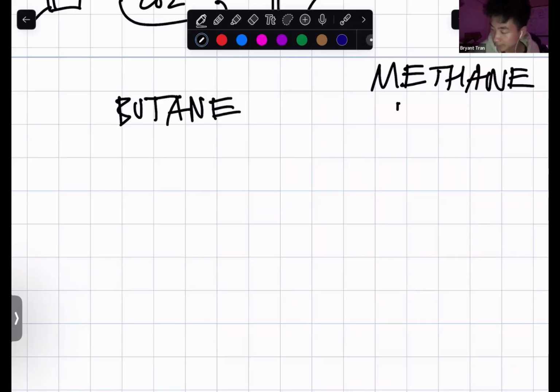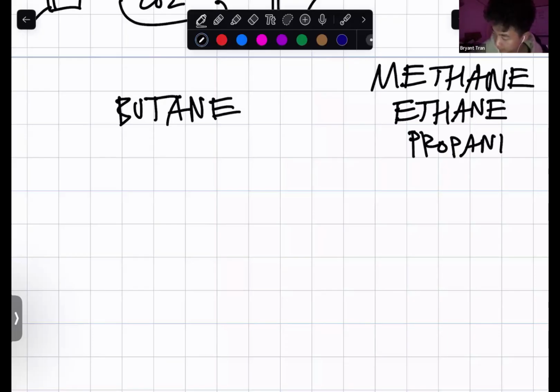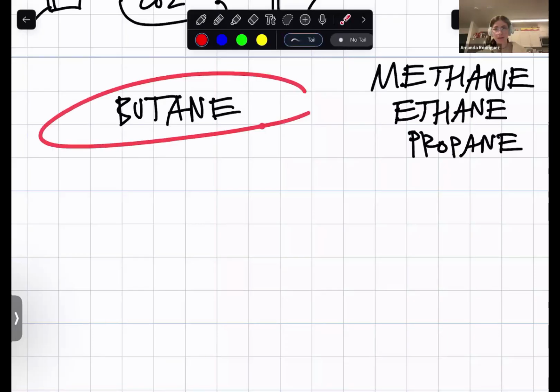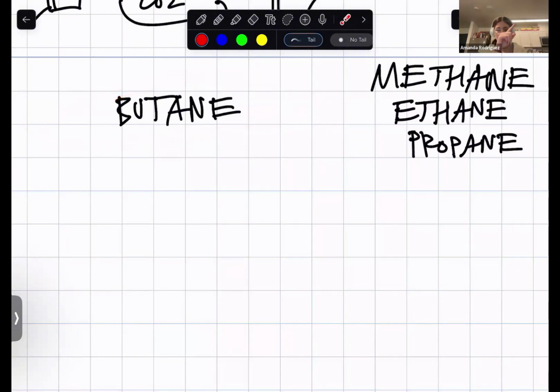Two carbons would be ethane. Three carbons would be propane. And four is butane. Yep, four is butane. And then five would be pentane. Six would be hexane. Seven would be heptane. Eight would be octane. Nine would be nonane. And then ten would be decane.